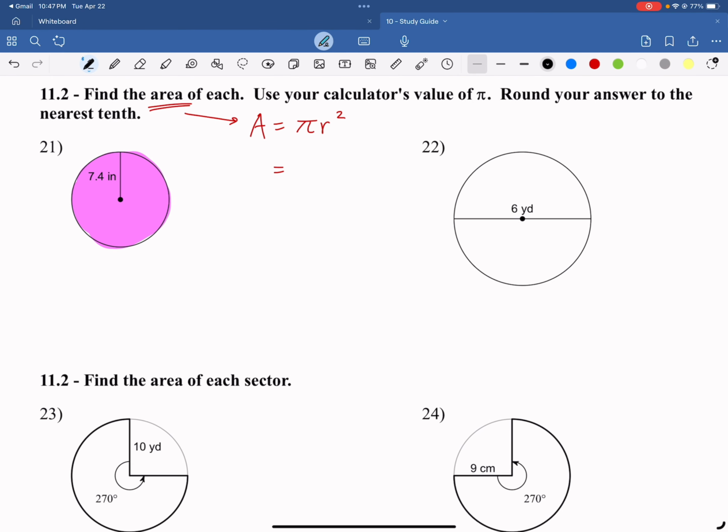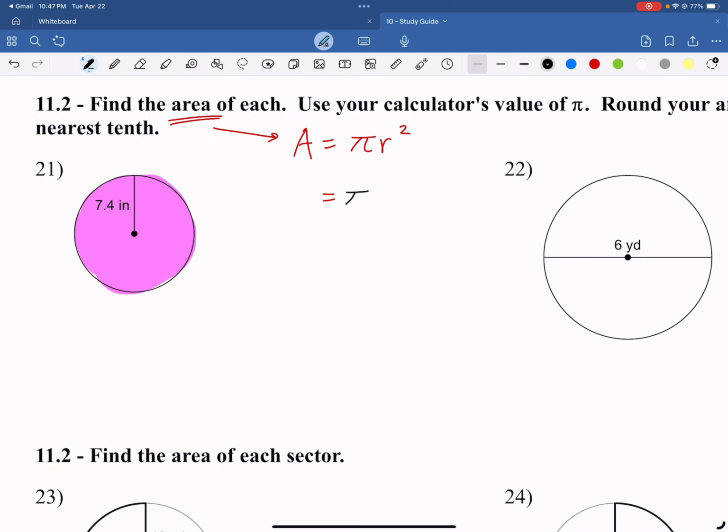And so if we use the radius that they gave us, that's going to give you pi, and then 7.4 is your radius. Now, if you do 7.4 squared on the calculator, don't forget you could press SD to get the decimal approximation. 7.4 squared is going to be 54.76 pi.